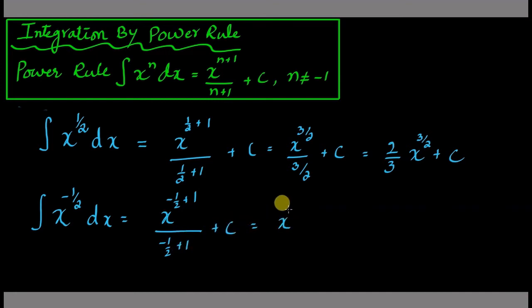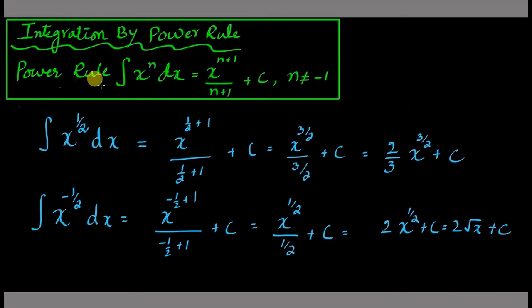Finally you will get x raised to power 1 by 2 over 1 by 2 plus c, and at the end you will get 2 x raised to power 1 by 2 plus c, and sometimes it can be written as 2 square root of x plus c.